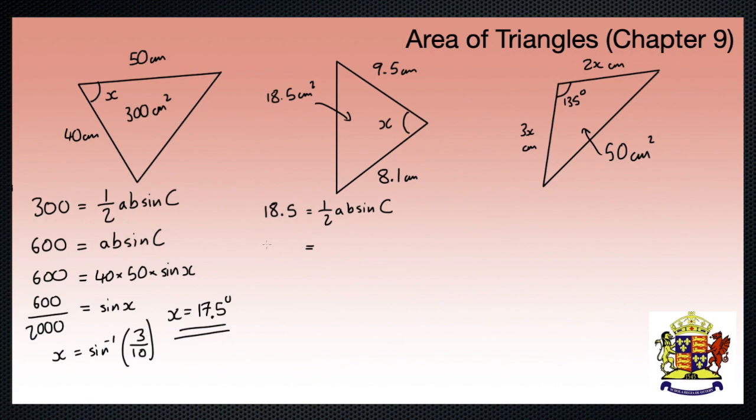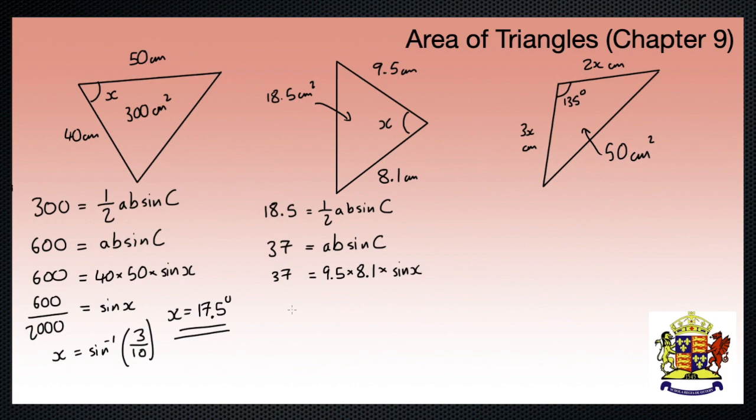Okay, in the next example, let's start again by writing that 18.5 equals a half AB sine C. If we double it, we get 37 equals AB sine C. Let's fill in the numbers. 9.5 times by 8.1 times by sine of x.